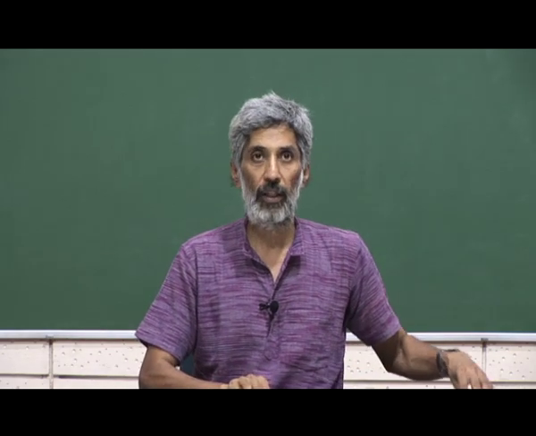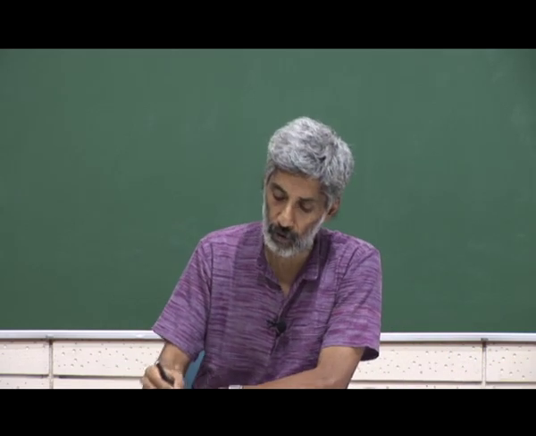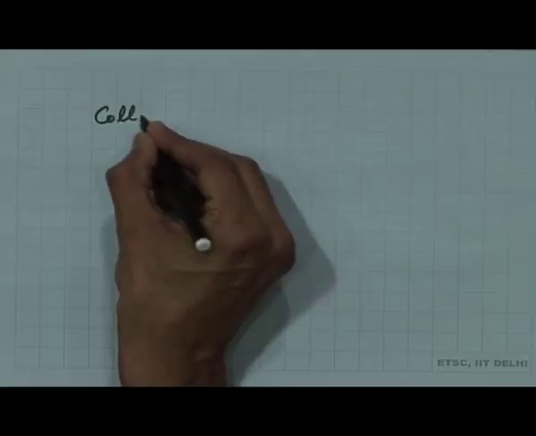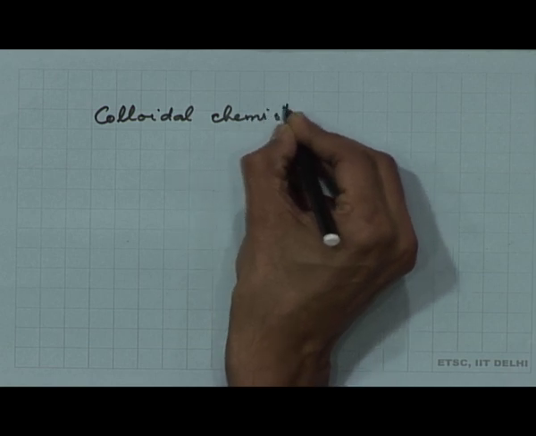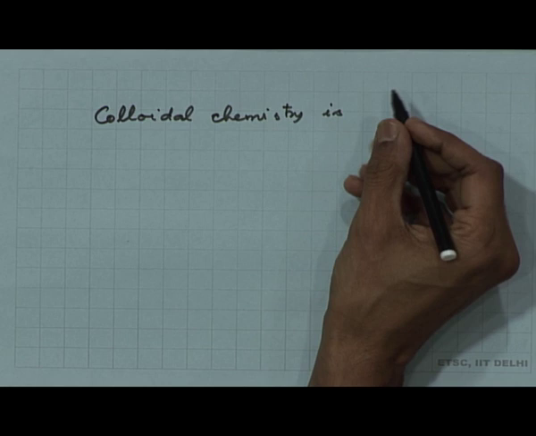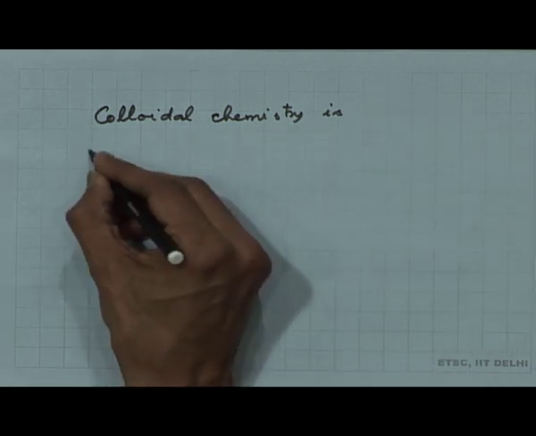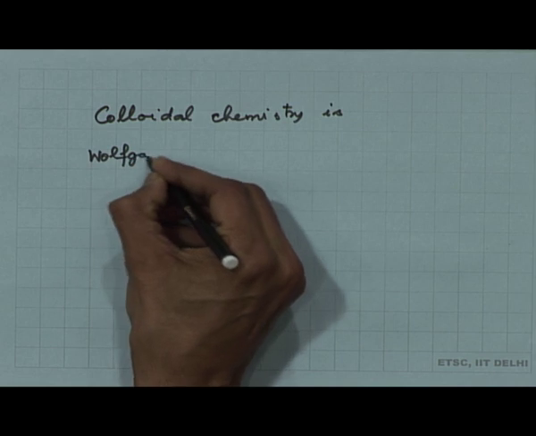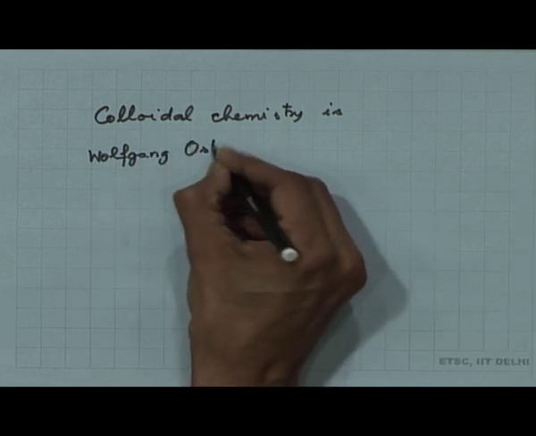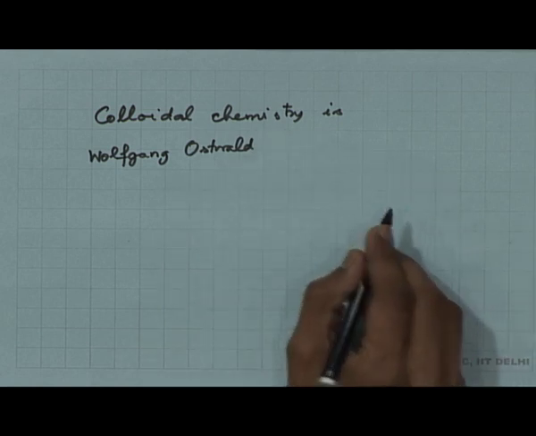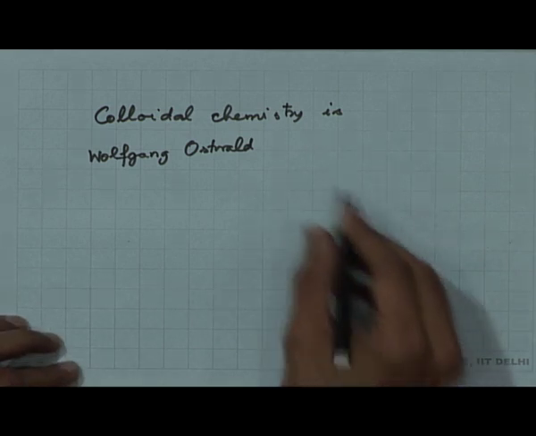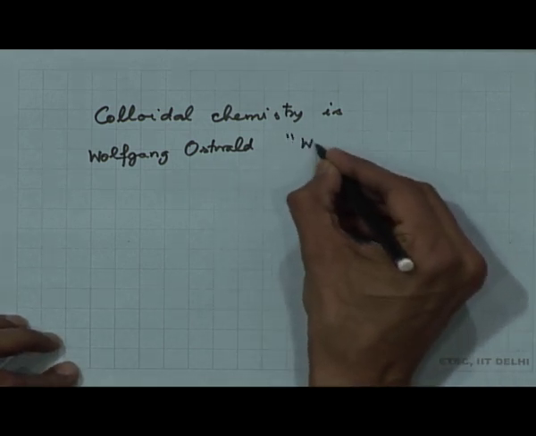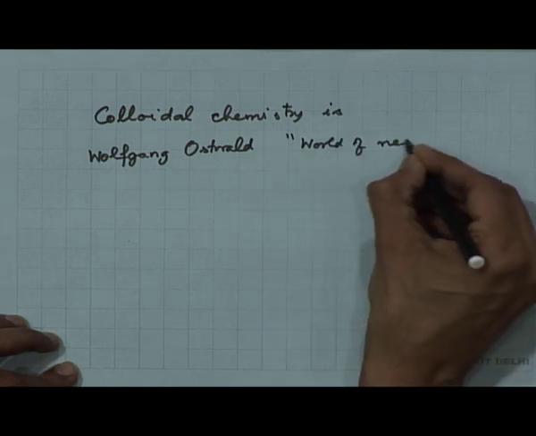Now, the other thing that you can do is to look at what people have called colloidal chemistry. It was called by Wolfgang Ostwald, who, by the way, is the son of the Nobel laureate Wilhelm Ostwald and worked a lot on colloids, the world of neglected dimensions.